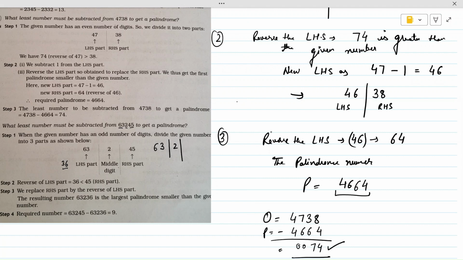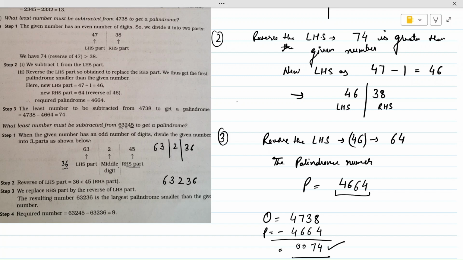So we will replace this RHS part with 36 only. So we will get the palindrome number, which is 63236. The original number was 63245. The palindrome number is 63236.